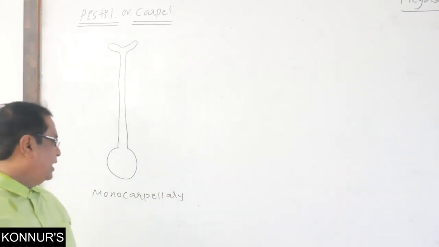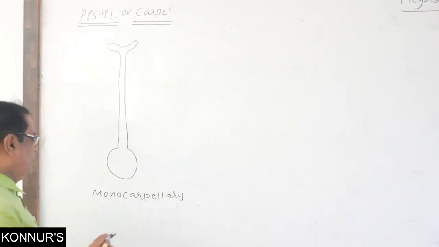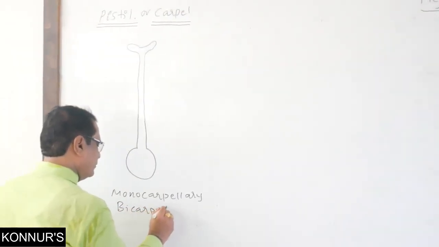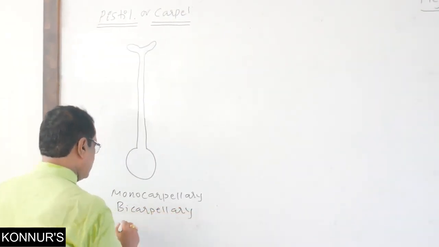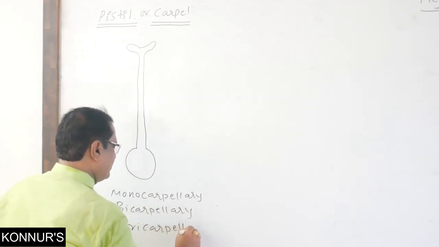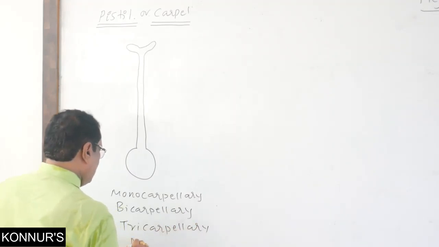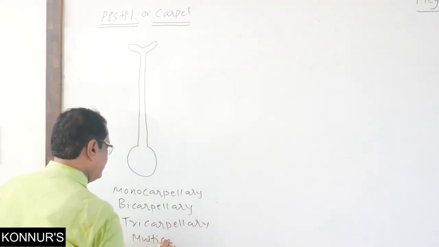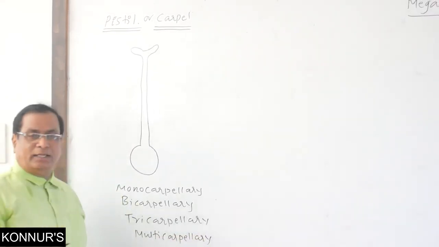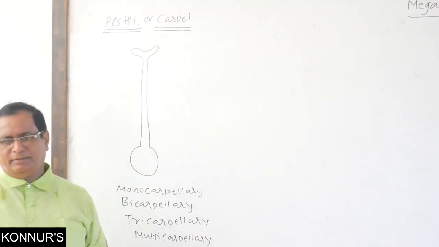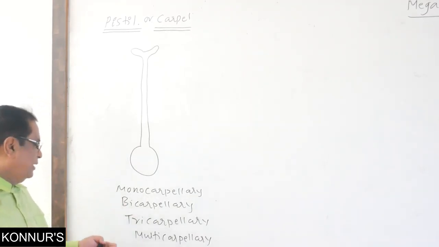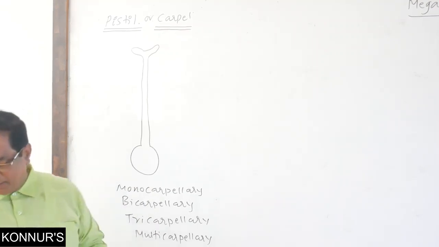If there are two carpels, bicarpellary. Tricarpellary. Even multicarpellary. Based on the number of carpels: monocarpellary, bicarpellary, tricarpellary and multicarpellary.